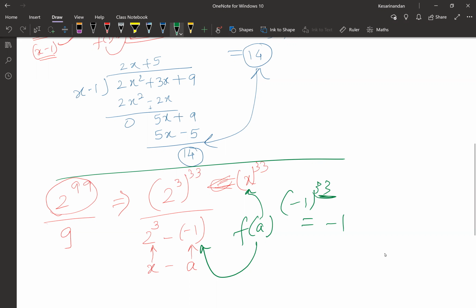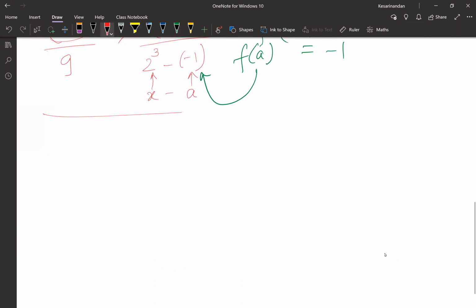Take one more example and let's see this time. So this time we have 2 raised to 70 divided by 7. Now solve it, guys. Let's see.